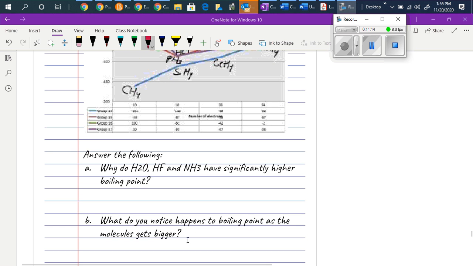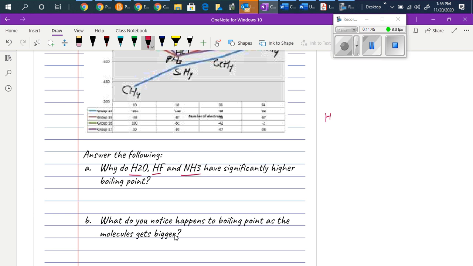However, when we observe, the question is, why do hydrogen fluoride, water, and NH3 have significantly higher boiling points? We have here water, HF, and NH3 that have significantly higher boiling points, because what they have is what is known as the hydrogen bond.